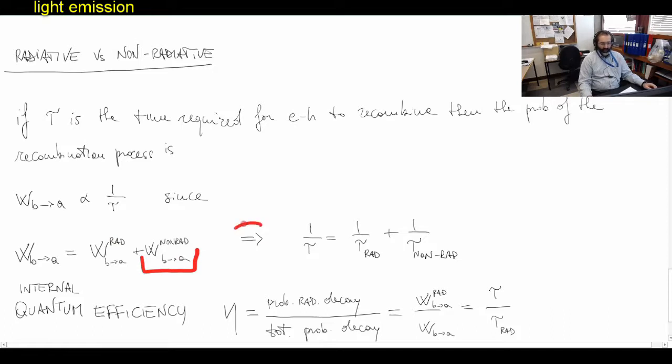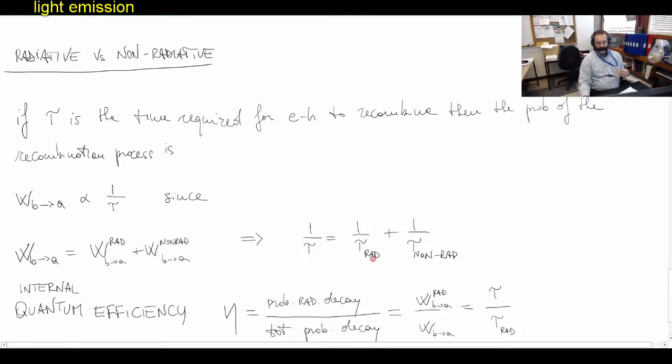We can easily guess the way that the lifetime of electron and hole pairs, so the recombination time, if you like, adds up. Because these probabilities are added, and we said that each probability will be proportional to the corresponding 1 over tau, we can say that the total 1 over tau is equal to 1 over tau radiative plus 1 over tau non-radiative.